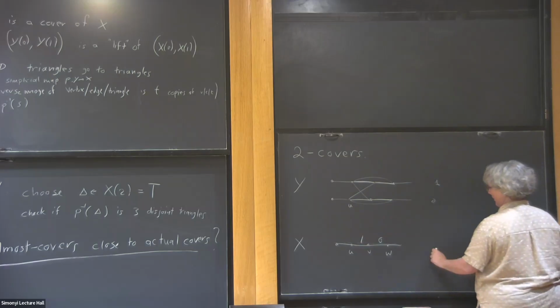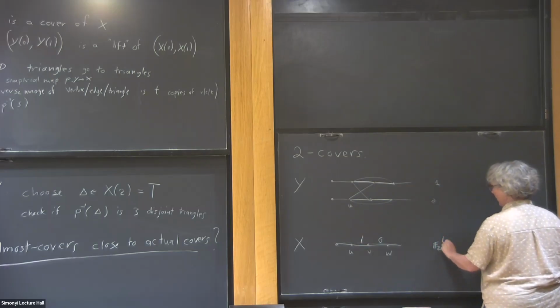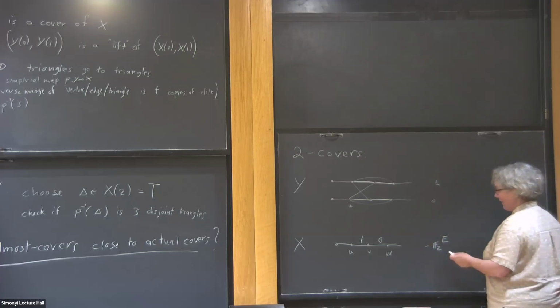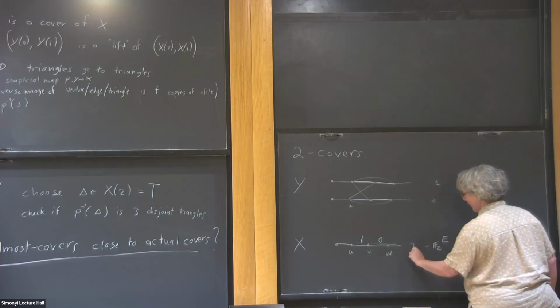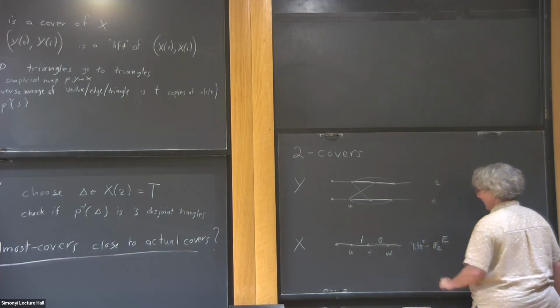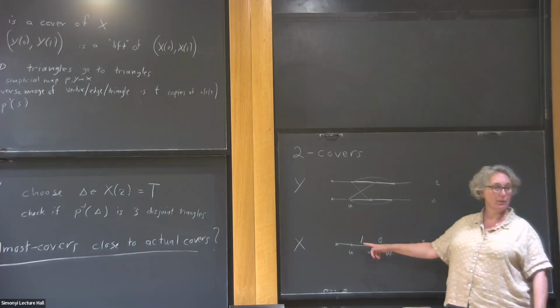So it's like F2 to the E is a, let's say that's a lift. Okay, it's not a cover because for now I didn't say whether or not triangles close properly.